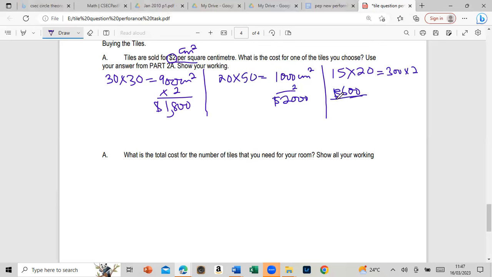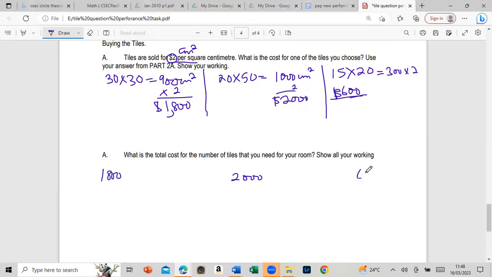Remember, the smaller the tile, the cheaper it will be, but the less space it will take up. If you're doing the SBA, what you could have done, though they didn't ask you for it here, is work out the total cost for the number of tiles that you need. So we're going to do the grand total for each. This one is $1,800 for one, one was $2,000 for one, and one is $600.